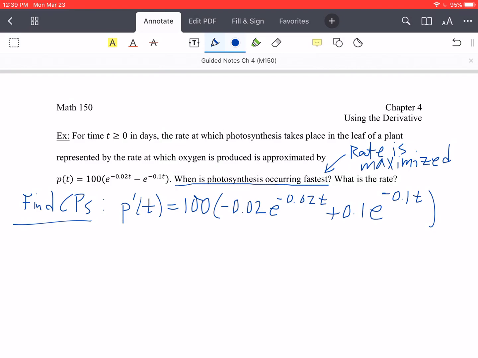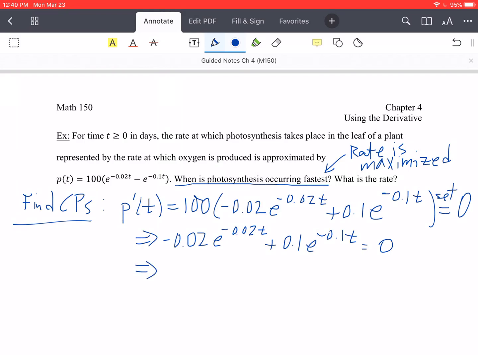So then to find critical points, we take this first derivative and set it equal to 0. Now our job becomes solving for the value of t, and that gives us our critical point, and then we'll go ahead and test it. Let's play around with this algebraically. Divide away the 100, it's just a constant. So we get negative 0.02 e to the negative 0.02 t plus 0.1 e to the negative 0.1 t equals 0.